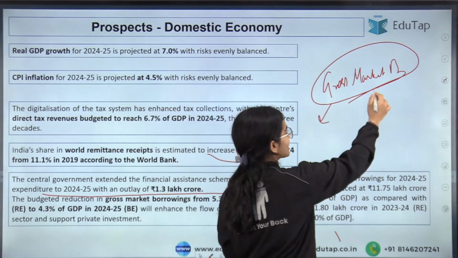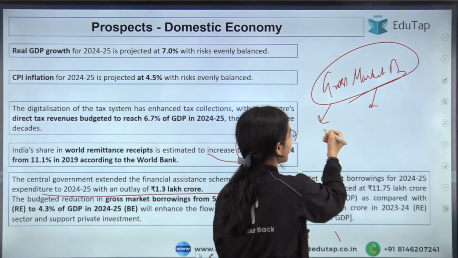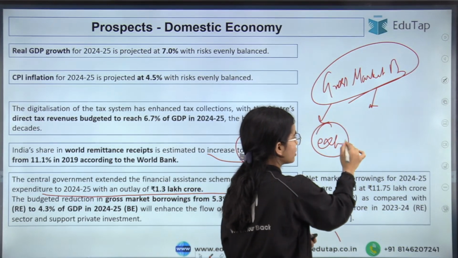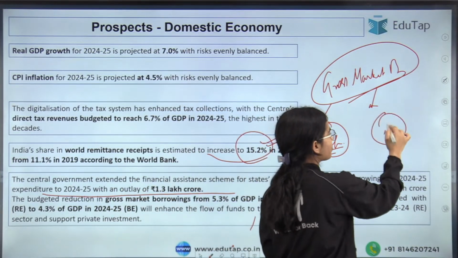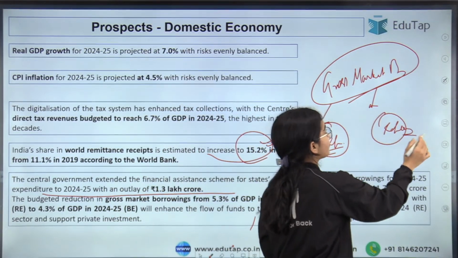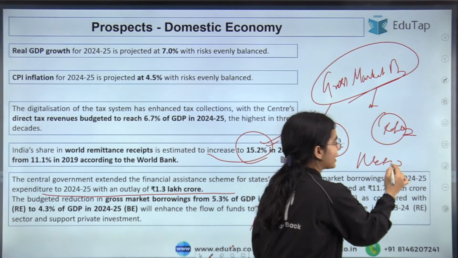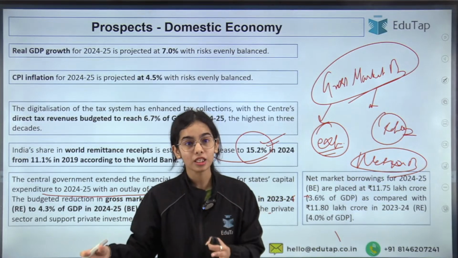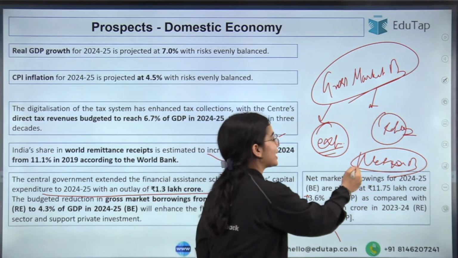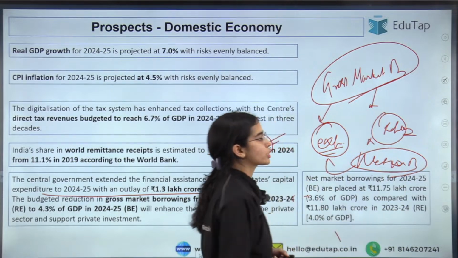So total borrowings done by the government in a year will be used for its own expenditure, plus the repayment of loans. Net market borrowings is actually the borrowings that the government has done in a financial year, which is going to be used for the expenditure purposes and not for the repayment purposes.